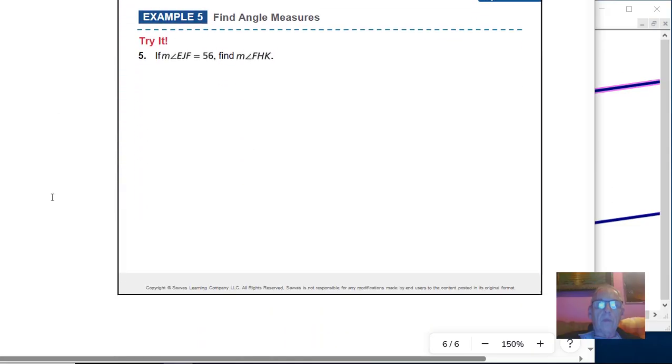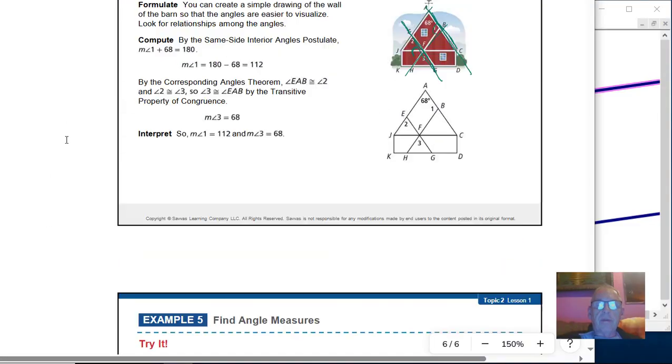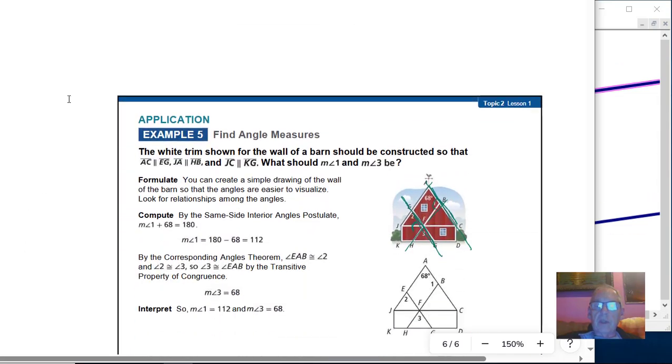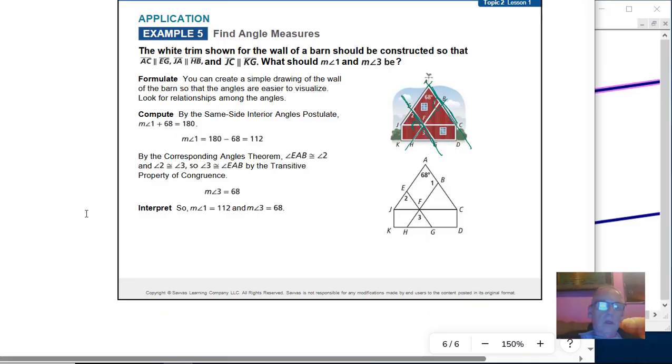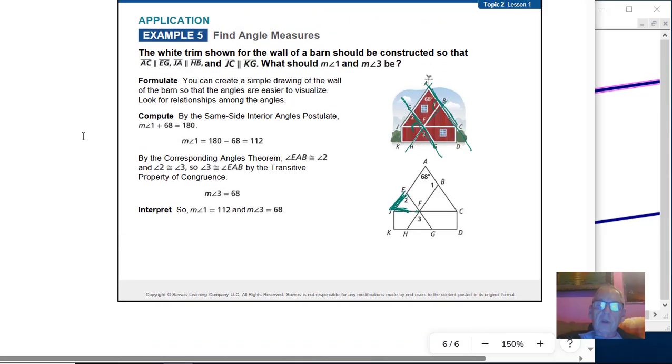Let's look at this triad. If the measure of EJF is 56, find FHK. So you've got EJF is 56. So E to J to F, this angle here, they're telling us is 56 degrees.